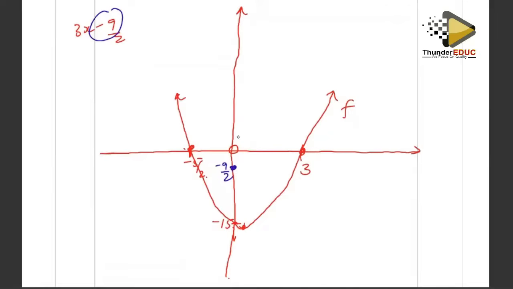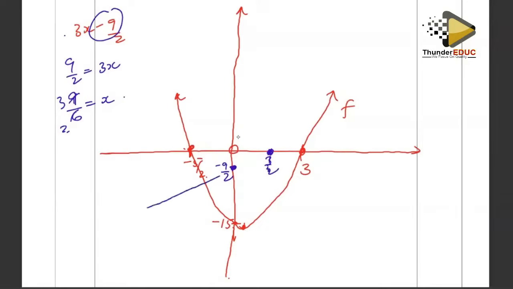Then if y is 0, I have 9/2 is equal to 3x, meaning that 9/6 should be the x, which is 3/2, like 1,5 somewhere here. So get the x-intercept, get the y-intercept.